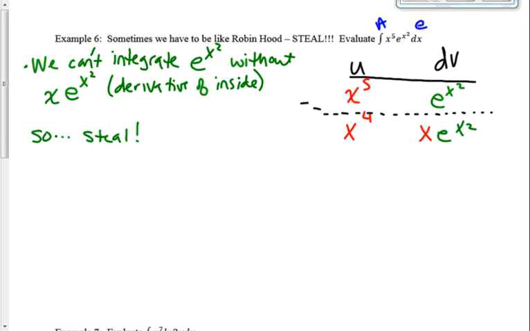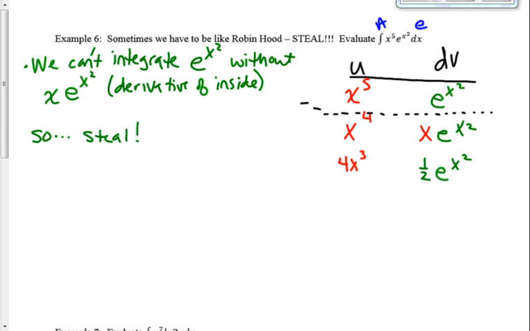And now we're going to do our derivative of our u and our antiderivative of dv. So the derivative of our u is 4x cubed. The antiderivative of what we have over here is still e to the x squared, but I need a 2 really for the derivative of the inside is 2x, which means out here I'm going to need a 1/2. So I take a look at my u, I can happily take that derivative.